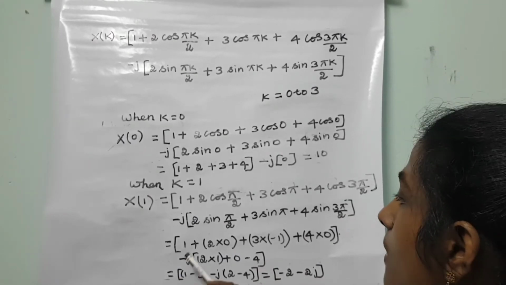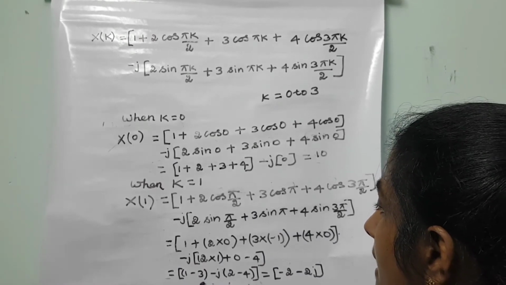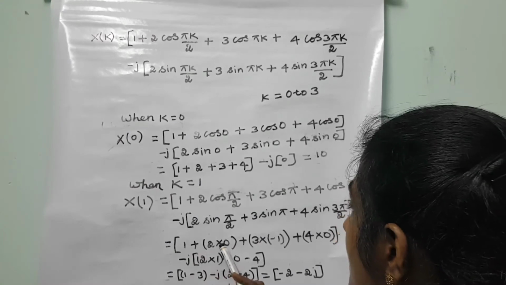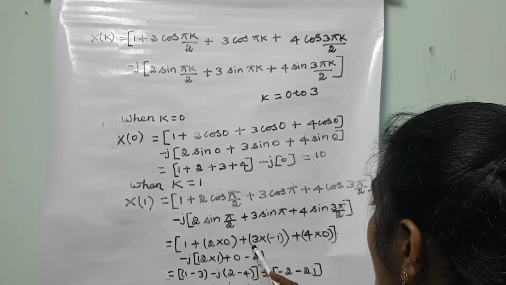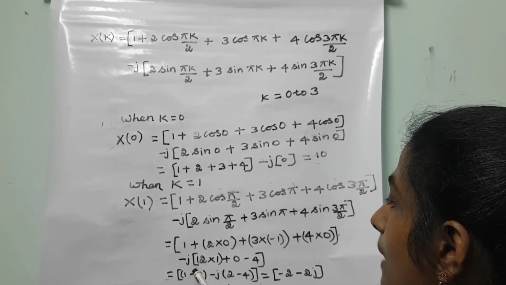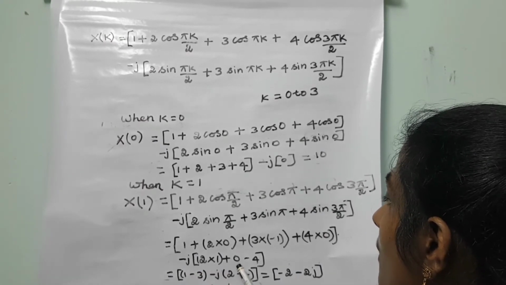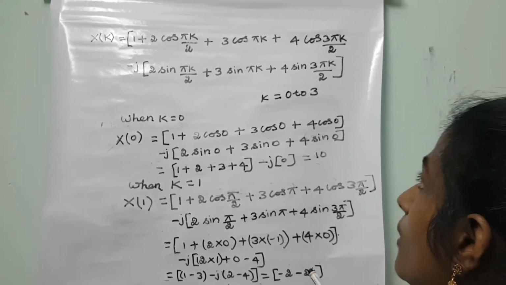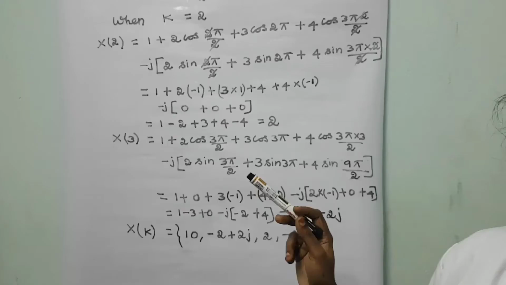So we will get 1 plus 0 plus minus 3 plus 0, and in the imaginary part we have 2 plus 0 minus 4. So we will get the answer minus 2 minus 2j.